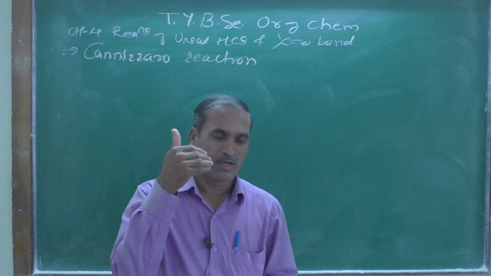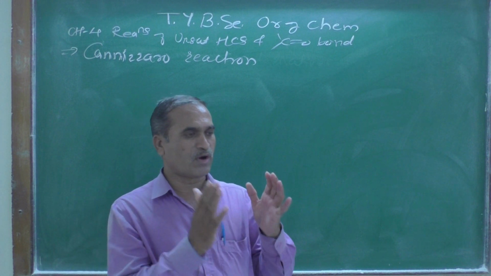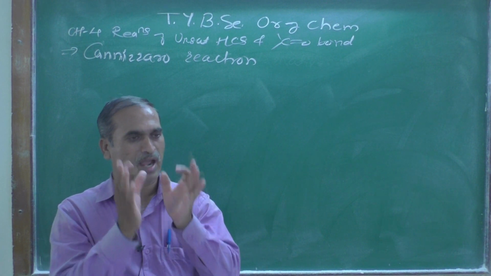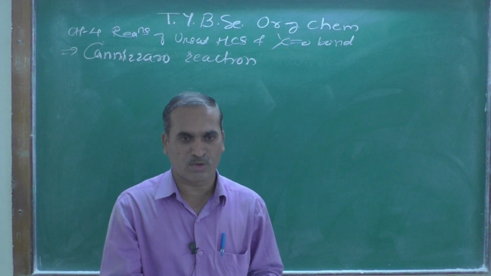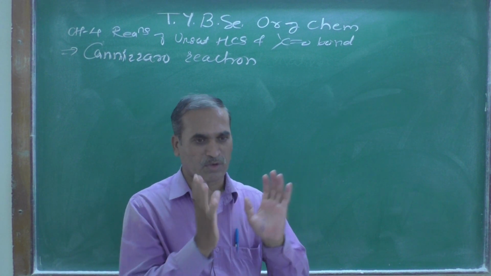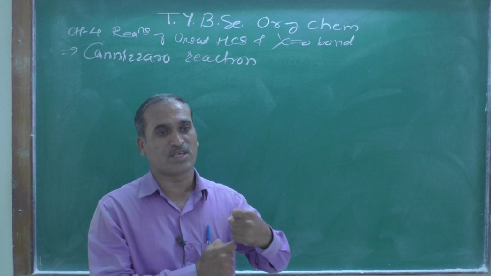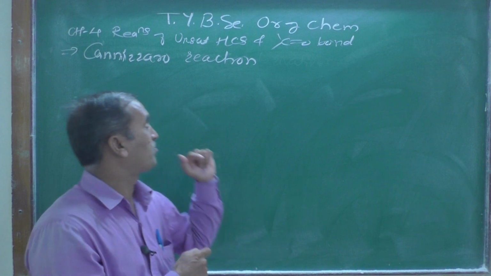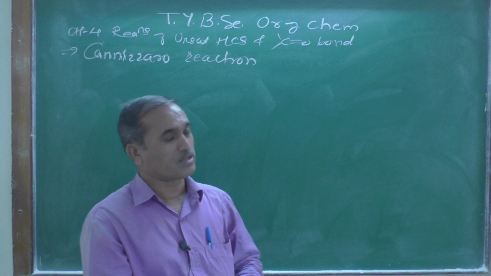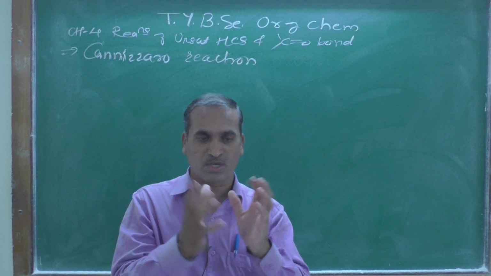What are the essential conditions or requirements for Canizzaro's reaction? First criterion: there must be a carbonyl compound. In this chapter, the carbon-oxygen double bond, the carbonyl group, is polar in nature.